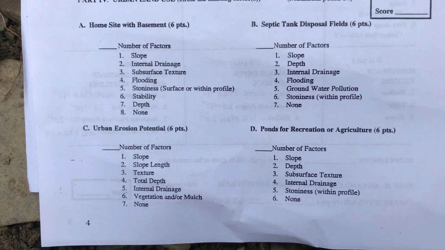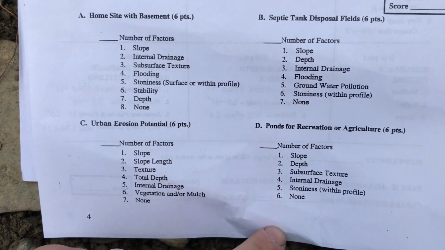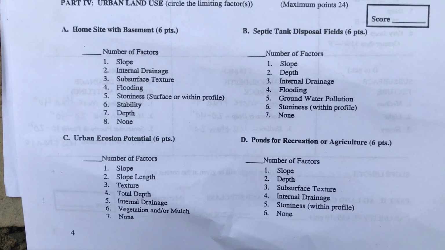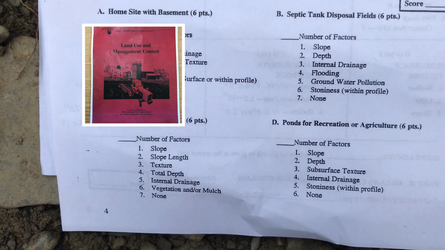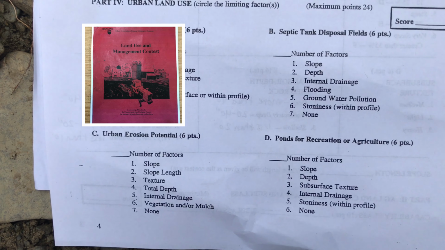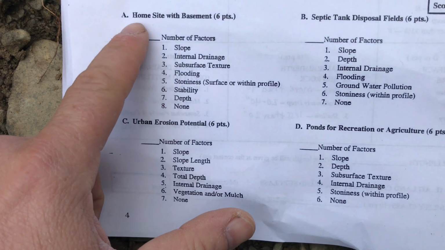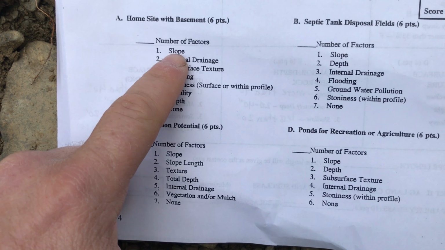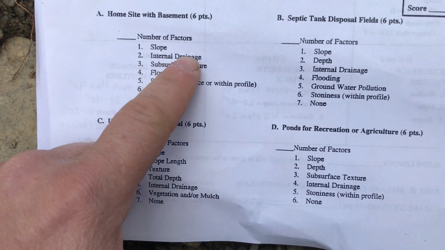So make sure if we're giving you the answer, basically, you just have to figure out the specifics. All right. In this case, going back to the manual tells you the details on what does the slope have to be a limitation for a home site? What does the drainage have to be?